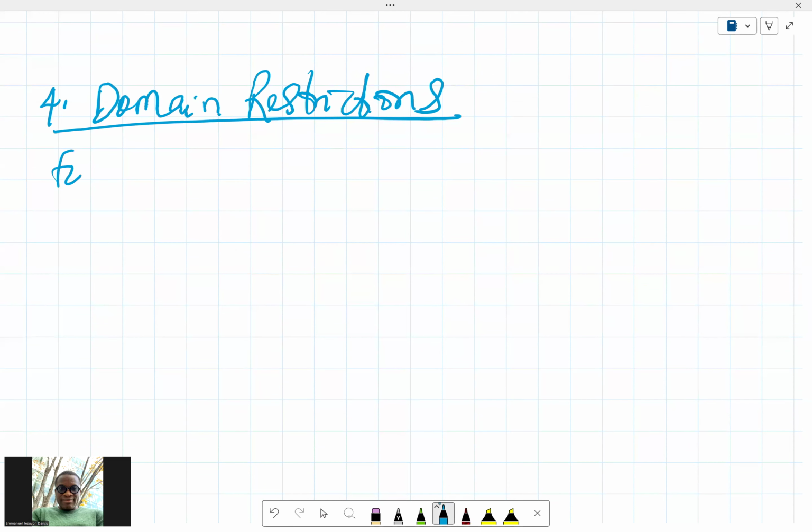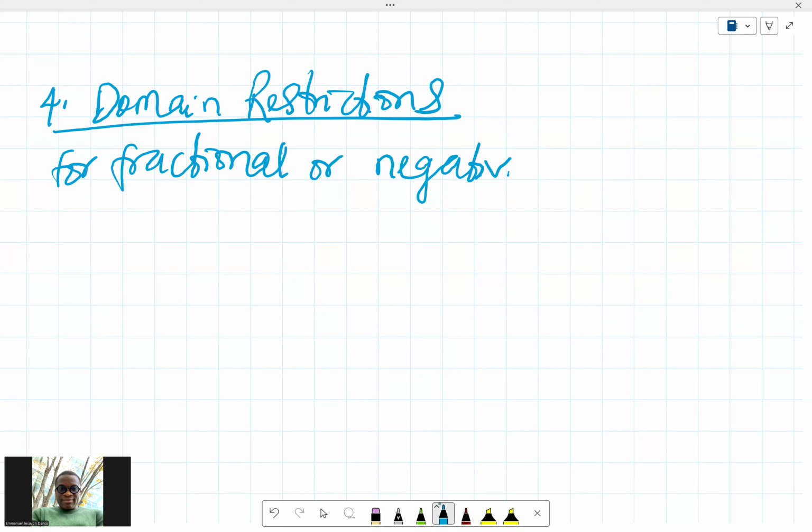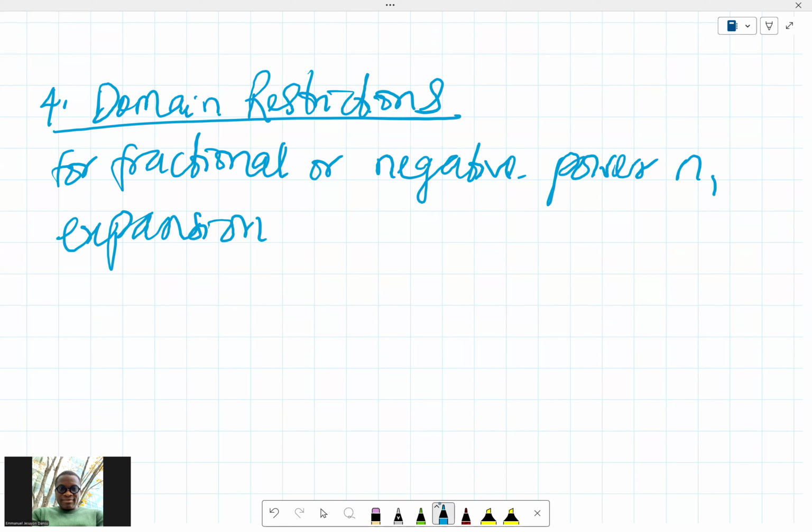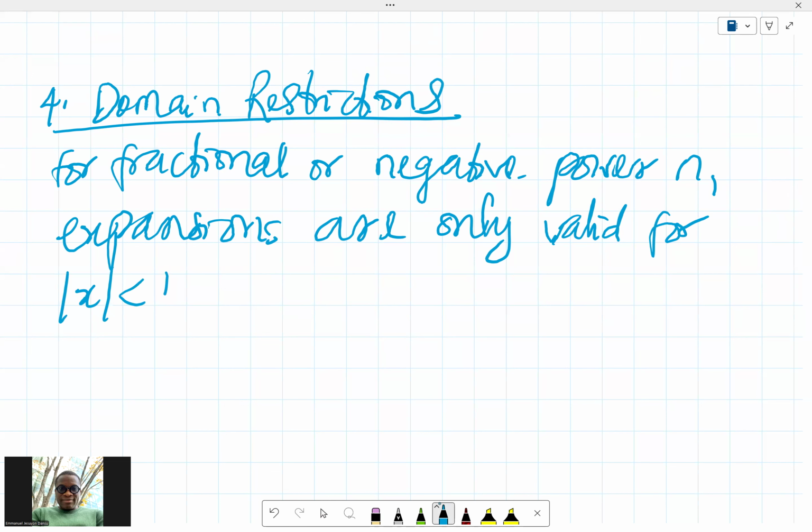So this still applies to fractional or negative power n. Expansions are only valid for absolute value of x less than 1.